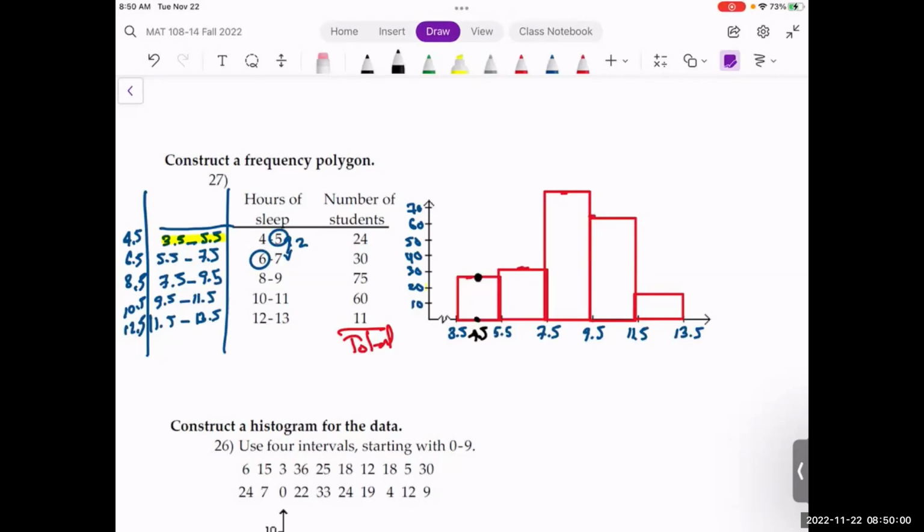The second point is going to be in between here, which is 6.5, sorry. The midpoint is going to be right here and so forth. So you are taking only these numbers. Are we okay? And then you're going to connect them together.